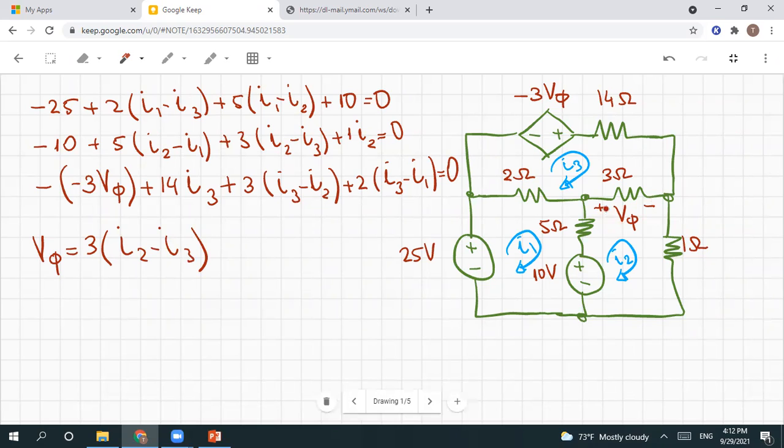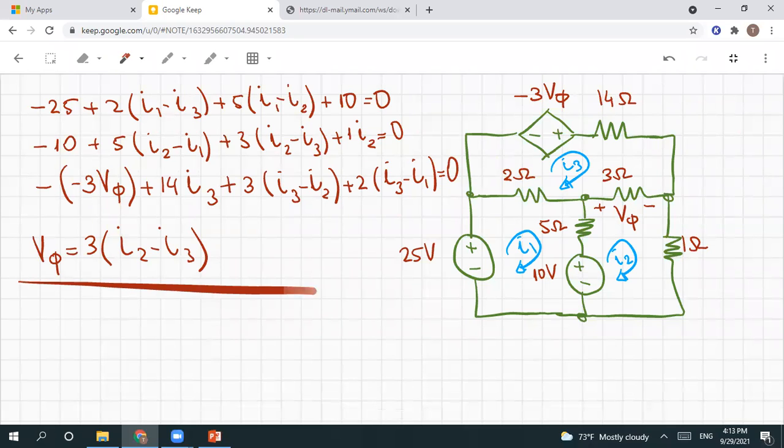According to its polarity, I'm multiplying the 3 by the current flowing from the plus to the minus, because of the passive sign convention. The current flowing in this direction is I2 minus I3. So V5 is 3 times I2 minus I3. Now I will take this value and plug it in the place of V5.